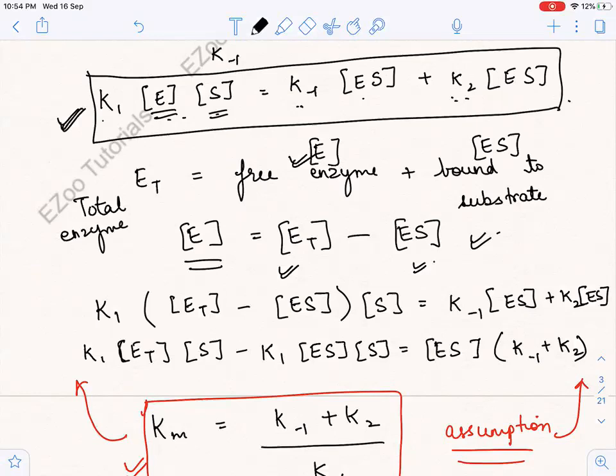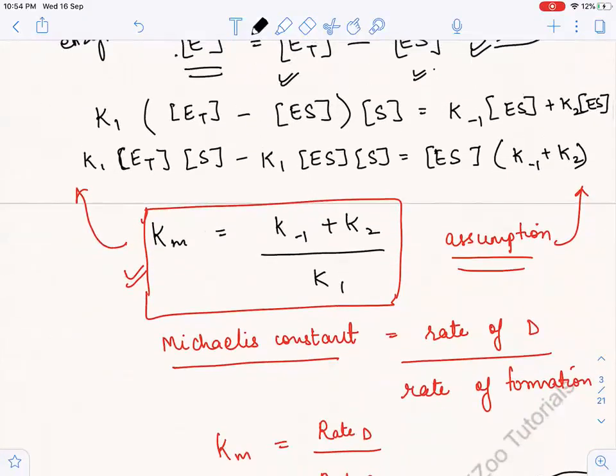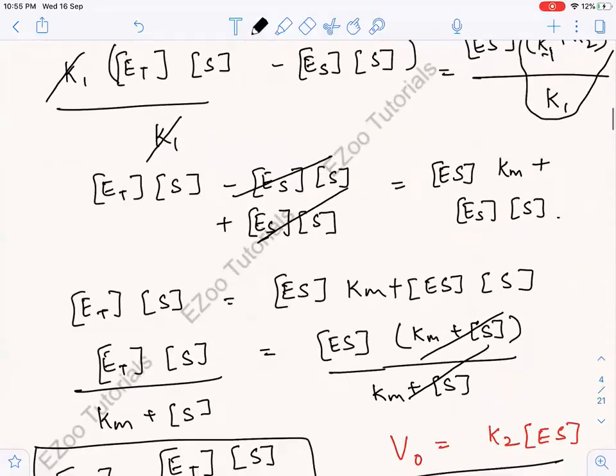Now we saw that the total enzyme is equal to free enzyme plus the enzyme bound to substrate. Then we plugged this into this, got these equations, plugged in the Michaelis constant, and solved it. This is all the solution.